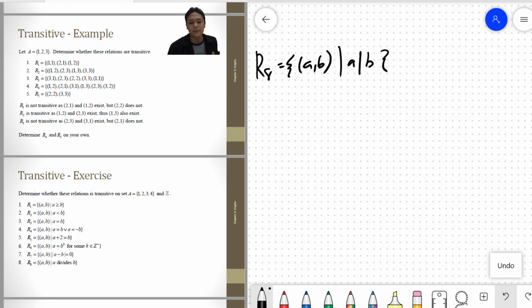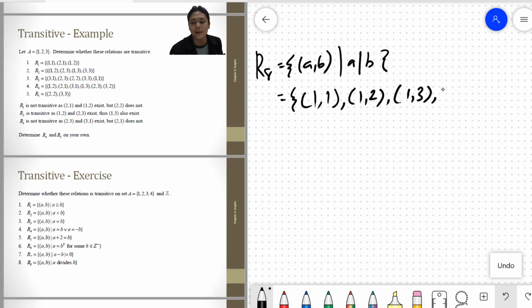Okay, if A equals 1, 2, 3, 4, for the case of a finite set, then you have 1, 1. 1 is a factor of 2, 1 is a factor of 3, 1 is a factor of 4. You have 2 as a factor of 4, 2, 2, 3, 3, 4.